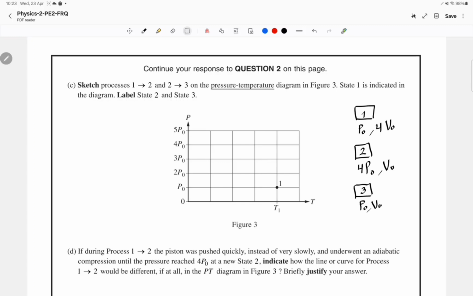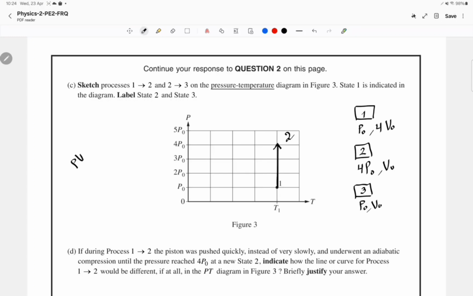But then in state 2, the pressure becomes 4 times larger, correct? So we're going to go all the way to 4P0, like this. We're going to label this as state 2. And then in state 3, we're going to have to go back to P0, V0.